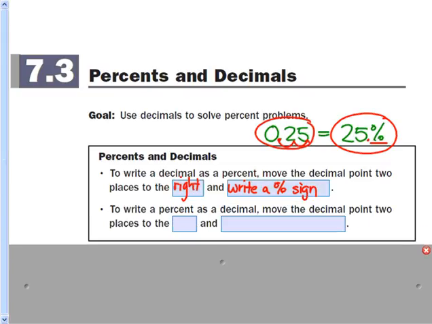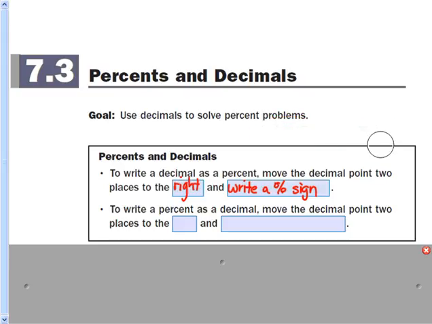So here now we're talking about the opposite. To write a percent as a decimal, move the decimal point 2 places to the blank and blank. Again, let's say I'm in the middle of a test or an assignment and I can't remember what I'm supposed to do. I'm going to start with a simple percent that I know. I know 25% is equivalent to the decimal 0.25 or 25 hundredths.